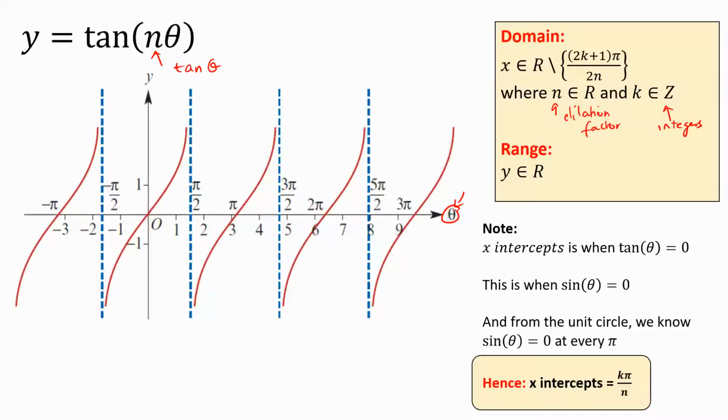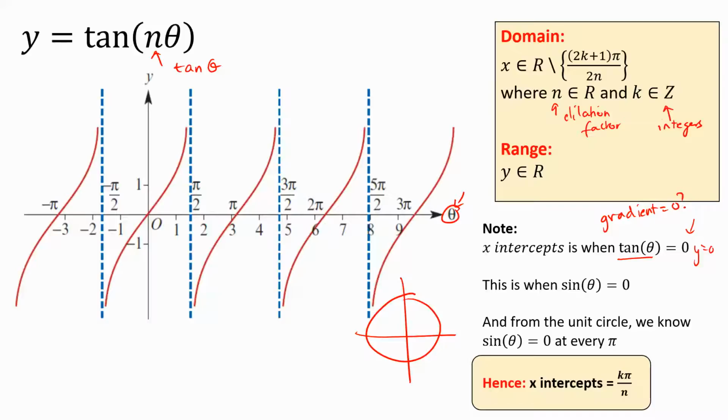The reason why is, you think about the unit circle, the x-intercepts occur when tan of theta equals 0. This is when your y values are equal to 0. So if y equals 0, the question is when is your gradient equal to 0? Tan theta means gradient. That's all you're asking.